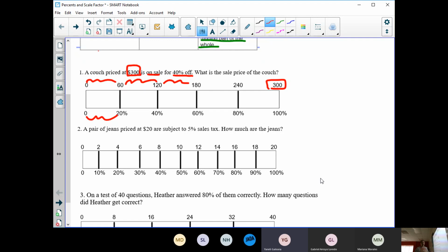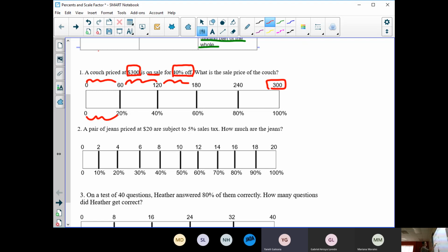And what percent are we going backwards? What percent are we decreasing by? Read the word problem. What percent are we decreasing by?